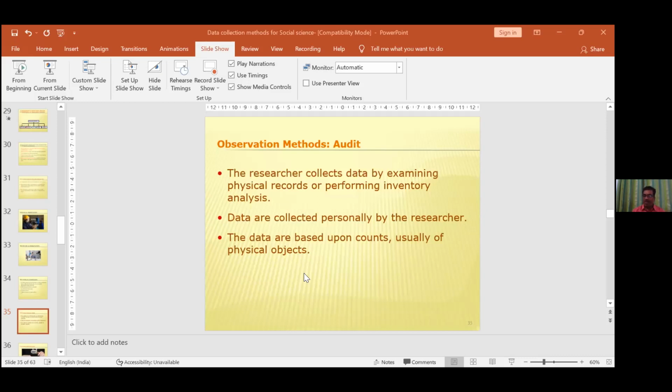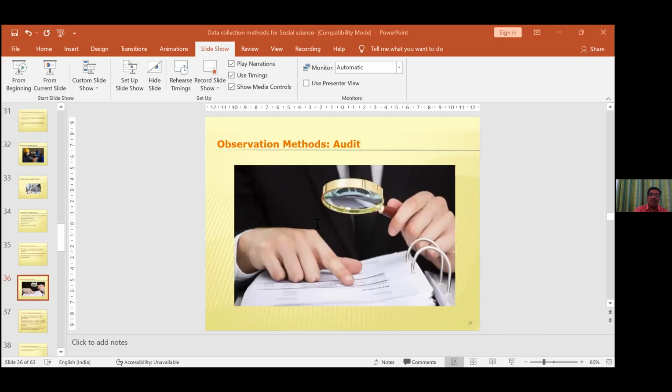Take auditors: they collect data by examining the physical records based on the evidence. Data are collected personally by the researchers, so this method is said to be the audit method. This is an example of the observation method and audit.